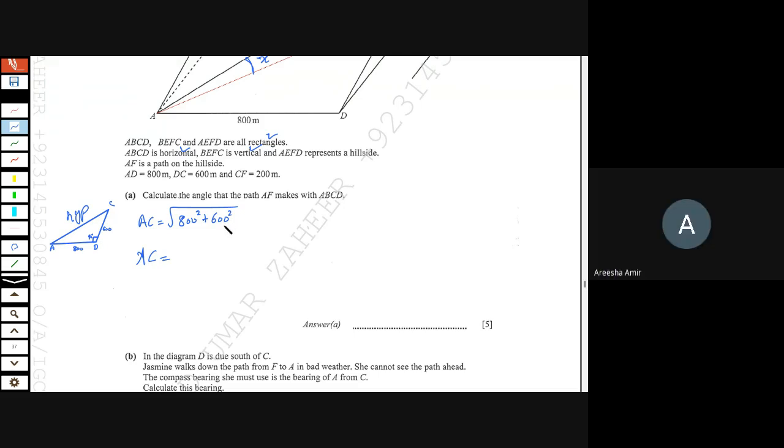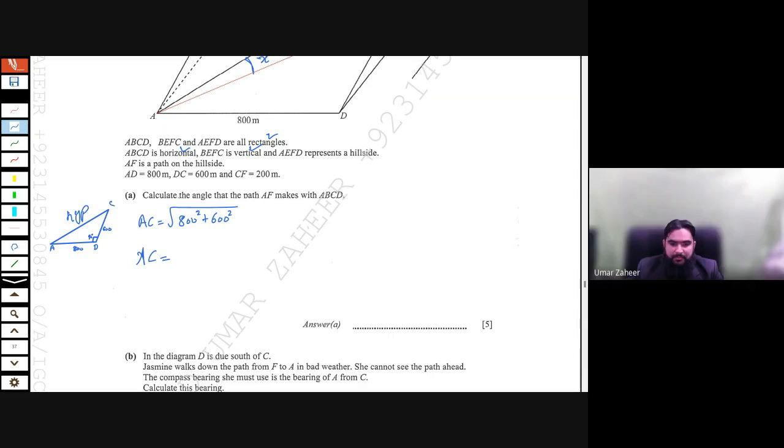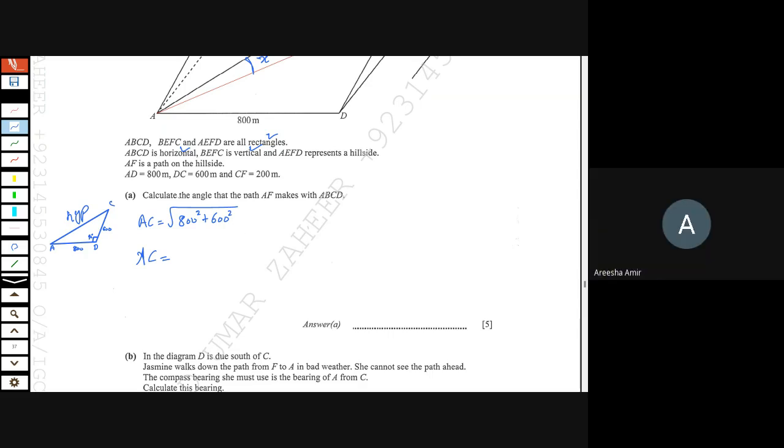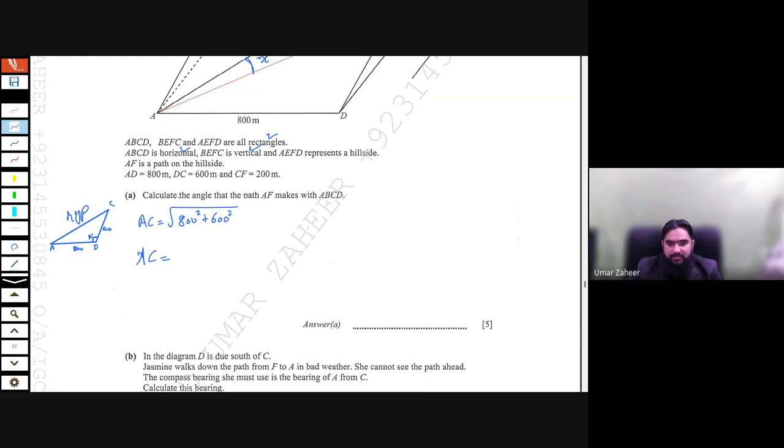Yes, it's 1000. All right, so AC is equal to 1000 meters.